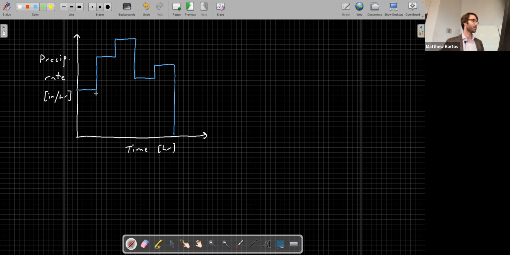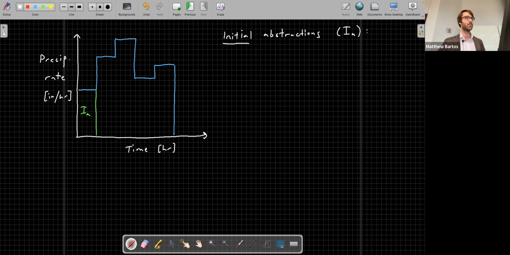The first portion is this portion right here, and this is our initial abstractions, which we'll denote IA.